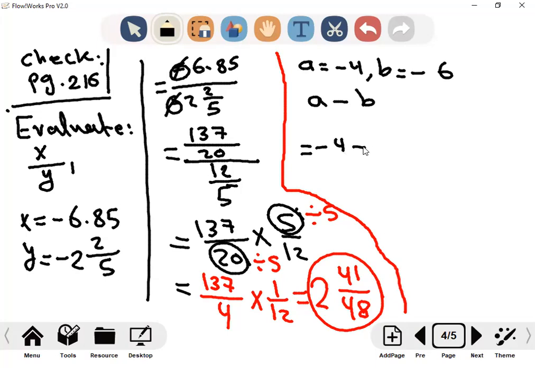Minus. How much is B? -6. So how many negatives do we have here? We have 2. What are they? Plus. So it will be positive: -4 plus 6. Subtract with the bigger sign.